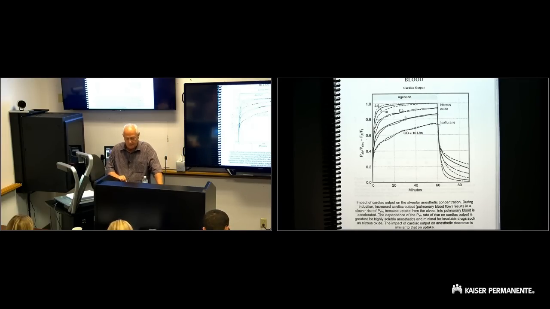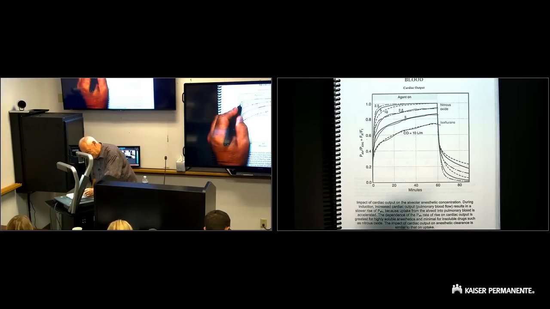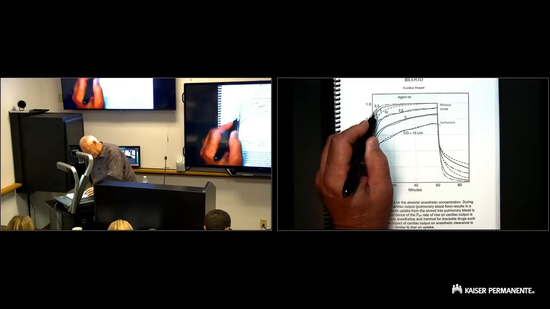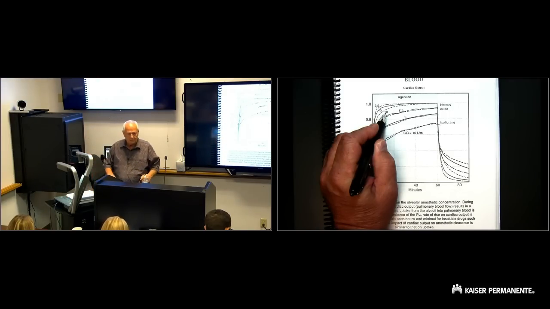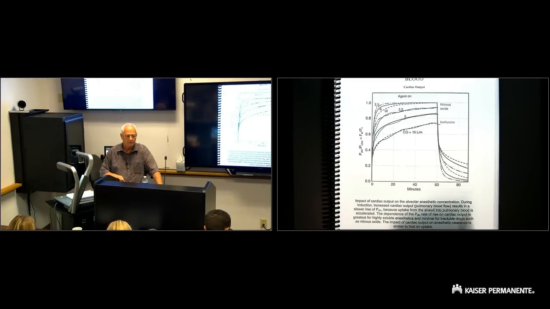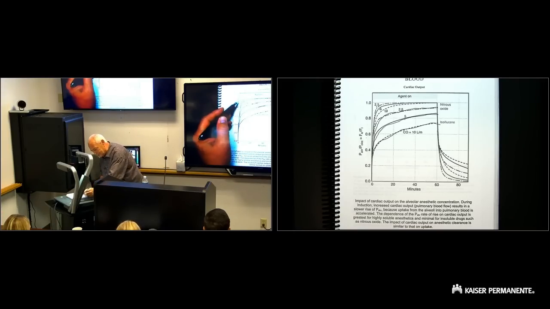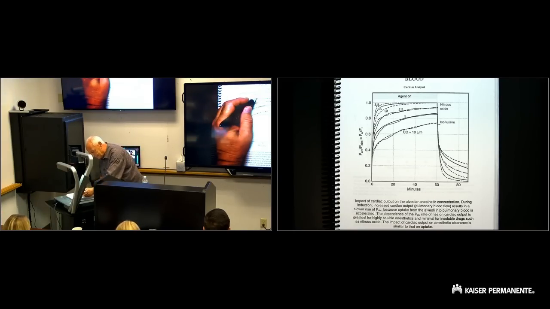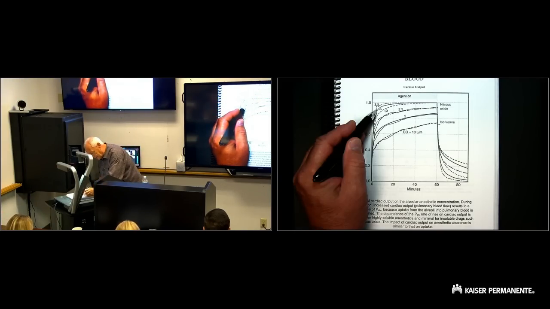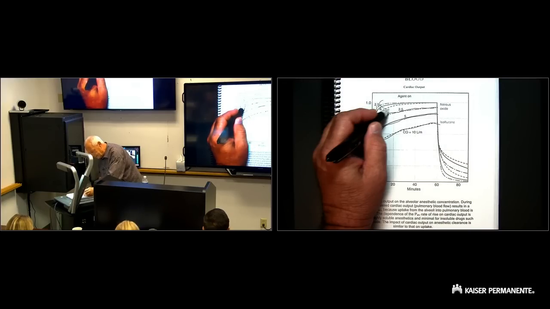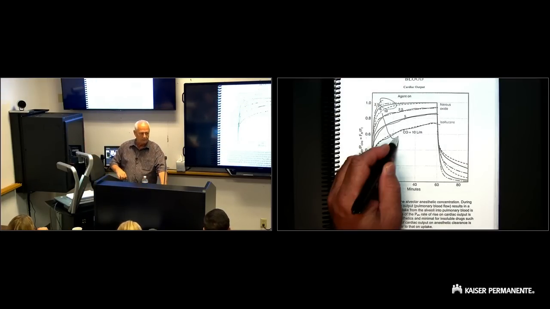All right? This is nitrous oxide. 2.5 liters per minute, 5, 10. Increased cardiac output slows the rise in the alveoli, but not as much, right? There's not as much difference between these three lines for the nitrous as for these three lines for the isoflurane, right?